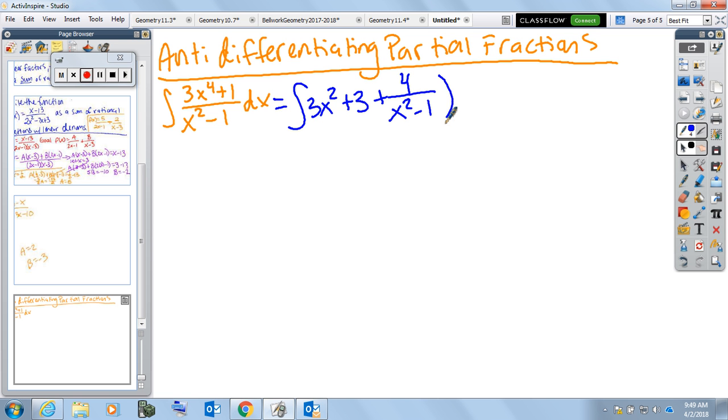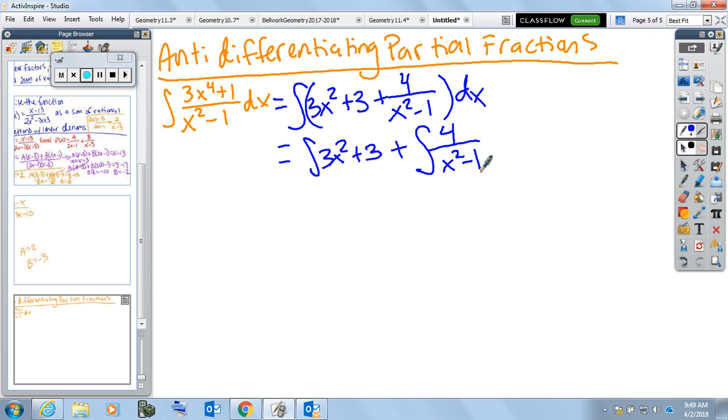That's just going back into our long division pre-calc algebra 2 days. Well, now our options are a little bit more possible. Look what happens if I separate this out: I have the integral of 3x squared plus 3. Super simple to find that. Plus the integral of 4 over x squared minus 1.